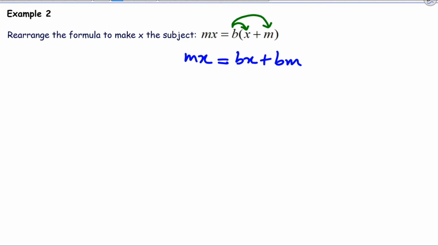And then what you may want to do is to bring the bx to the left so that you have the x's on one side. So subtract bx, because we want to have these on one side.